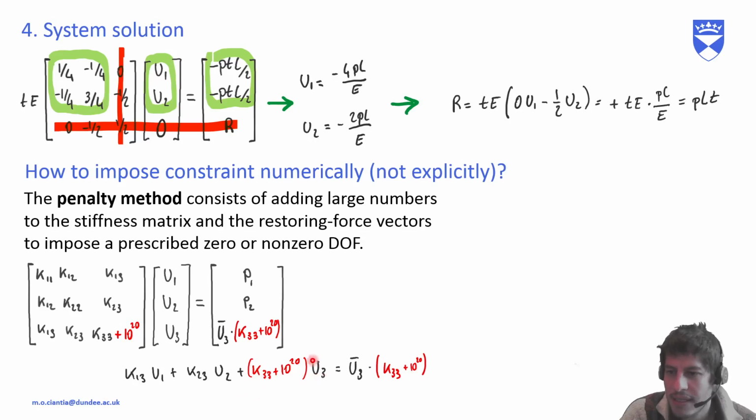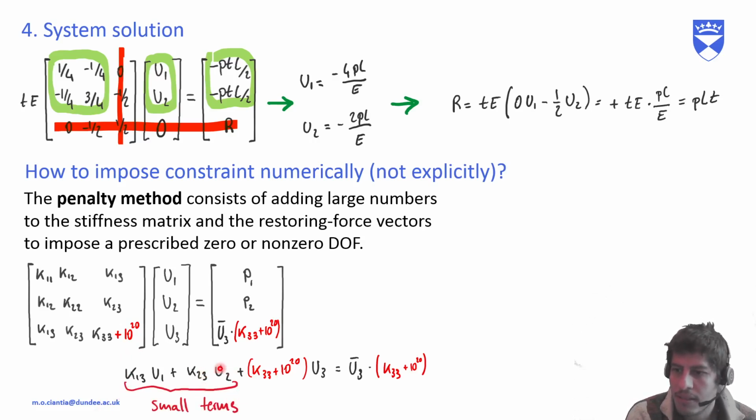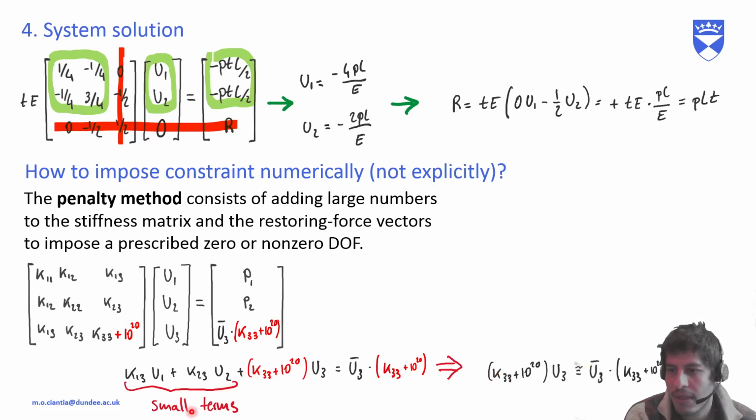Now if this is very, very large, this means that these are very small, and if these are small terms, then we can write that basically only this term is almost equal to this other term. Because these are small with respect to the rest, we can not consider them.